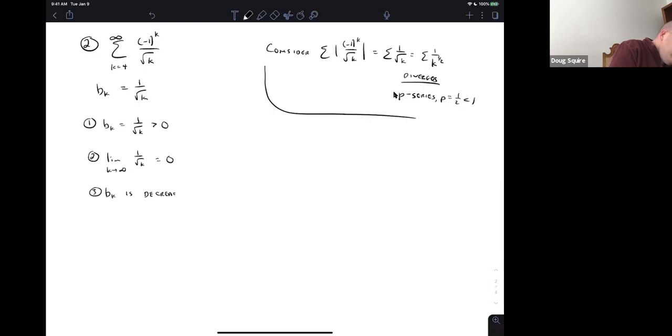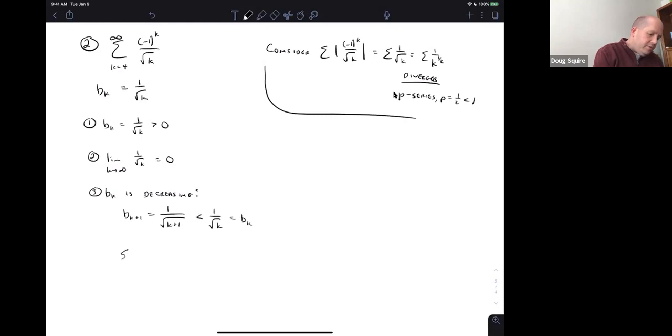And so we prove that. We can do that by showing that the derivative of an equivalent f(x) function is negative. We can show it by doing b_(k+1) is less than b_k in this case. So that's what I'm going to do is say, okay, b_(k+1) is 1 over the square root of k+1. That's clearly smaller than b_k because the numerators are the same and the denominator of the first one is bigger. Does that make sense?